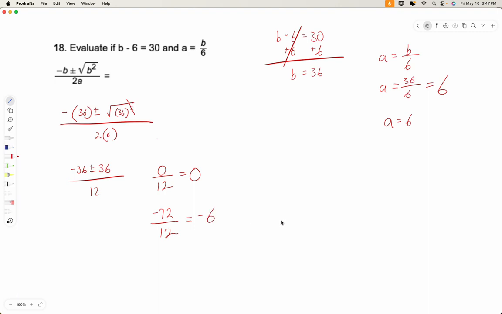So our answer is 0 or negative 6. And I think you have two options there. Yes, you had two blanks to type in for that number. So you would have typed in a 0 and a negative 6 and you'd be right.